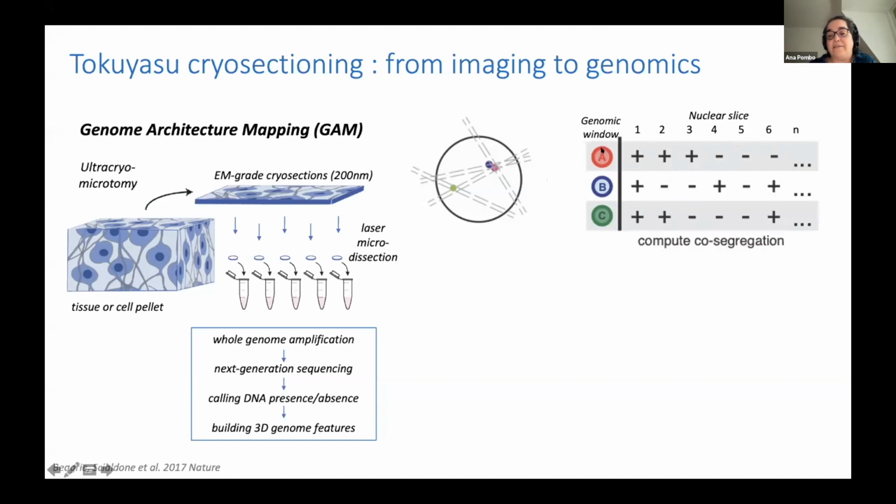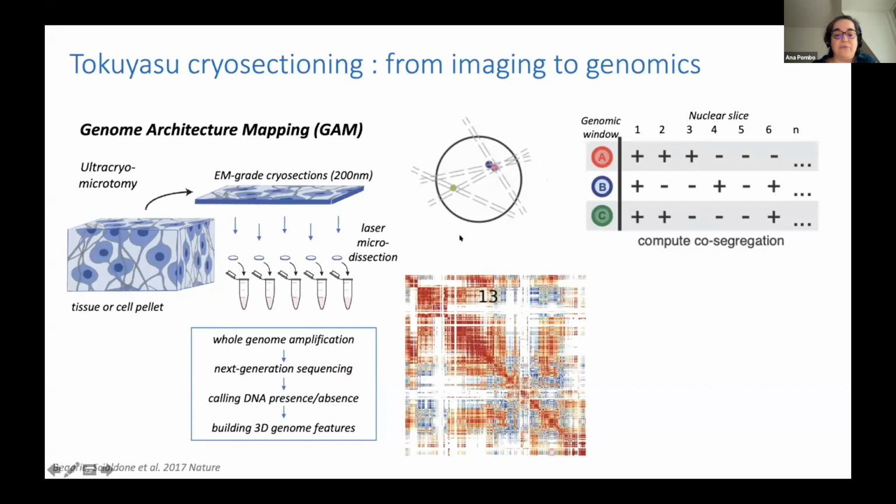And we then ask, analyzing the data, which parts of the genome are present or absent. From this data, we can extract a number of different topological parameters, of which just one is the pairwise contact. So what is the frequency by which any two pieces of the genome appear in the same slice?